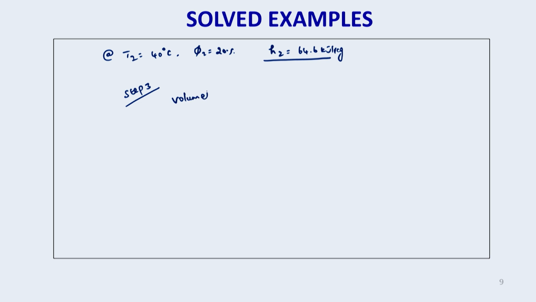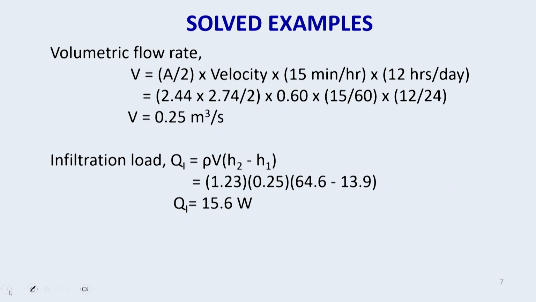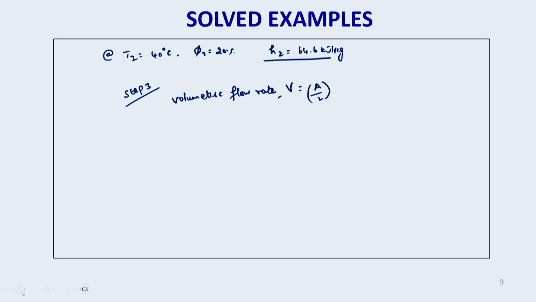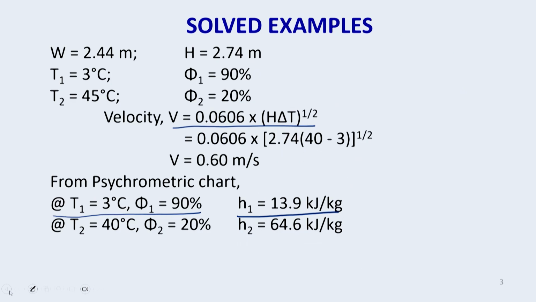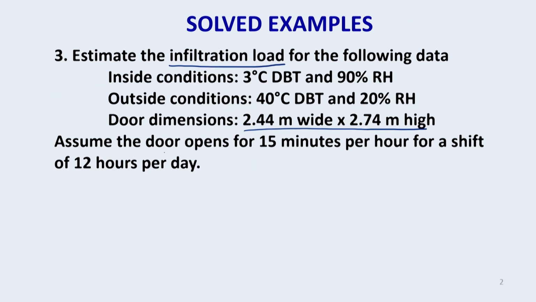Volumetric flow rate, capital V, is equal to, you have seen the formula, A by 2, that is half the area of the door, into the door opening details, into velocity. It is given in the problem that the door is opened for 15 minutes per hour for a shift of 12 hours per day.